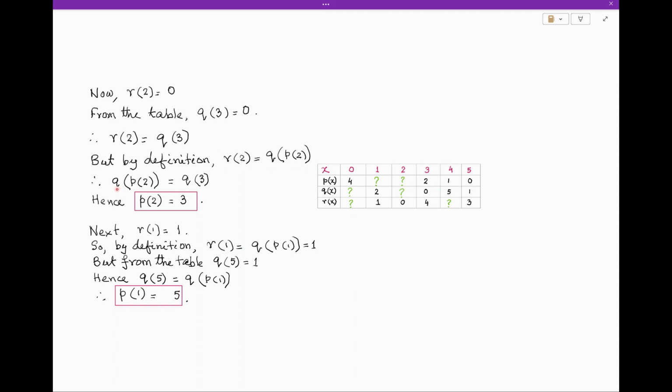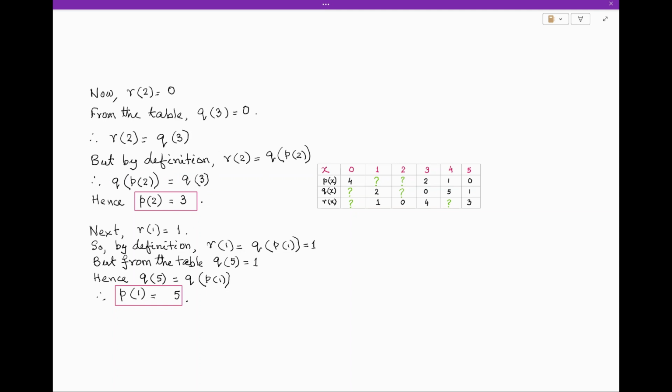Now Q(P(2)) is therefore equal to Q(3), because Q(3) is also equal to R(2). Now look at this equation: Q(P(2)) is equal to Q(3). So here P(2) has been replaced by the value 3. Therefore, P(2) is equal to 3.